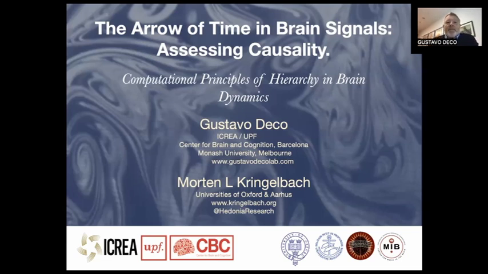Okay, the title of my lecture today is the arrow of time in brain signals, and as we will see, it is a new or alternative methodology for assessing causality, and in that way also for assessing the functional hierarchy in brain dynamics. Let me start with a very short overview of the main subject today.